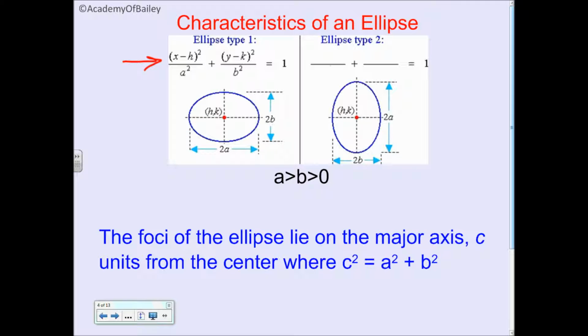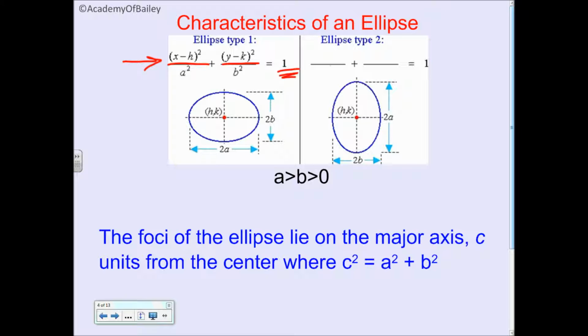You see x minus h in parentheses, squared, over a squared. And then you add y minus k in parentheses, squared, over b squared, and it's equal to 1. It's important that you know it's always equal to 1 here for the ellipse, because we're going to be working some problems where it starts out with a different number, and we have to get it down to 1.